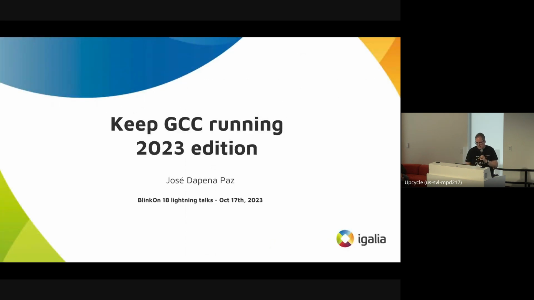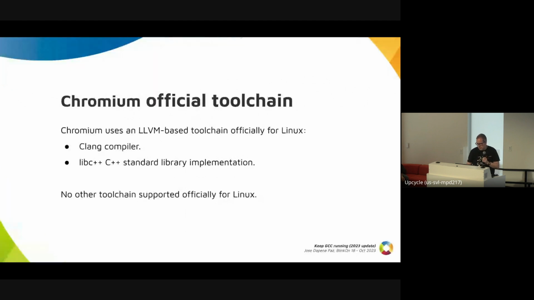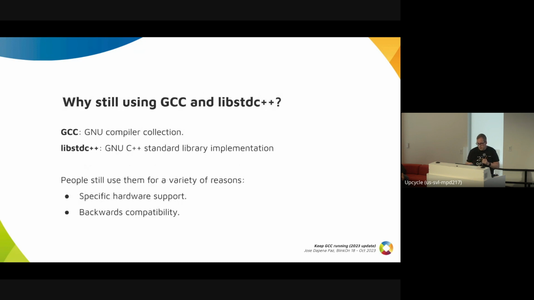Okay, this is a new edition, like the 4th or 5th time I do this, of how GCC is working. So the official Chromium toolchain has been using LLVM for a long time already. It's the Clang compiler and libc++ as the C++ standard library implementation. No other toolchain is officially supported on Linux.